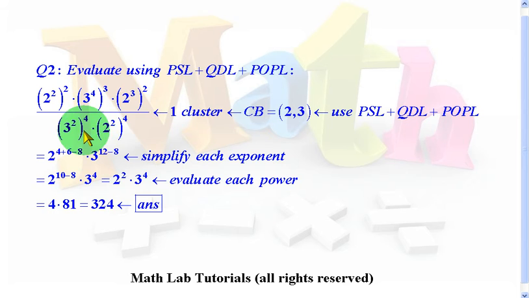But if you look at this expression over here, it consists of a single cluster because there's a dot there, dot there, dot there. So we have a product on top, product on the bottom. That constitutes a single cluster. If we look at that carefully, the common bases are 2 and 3. And again, we're going to be using all three laws to do this.